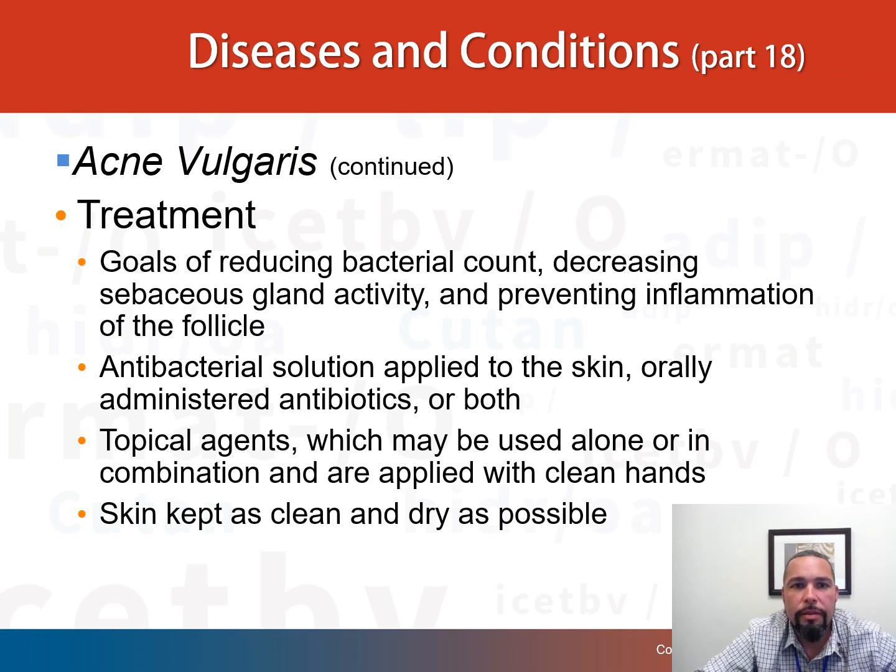Antibacterial solutions can be applied to the skin. Antibiotics could be administered orally or even a combination of both. Topical agents may be used alone or in combination with something else. The main goal of the treatment is really to keep the skin as clean and as dry as possible.